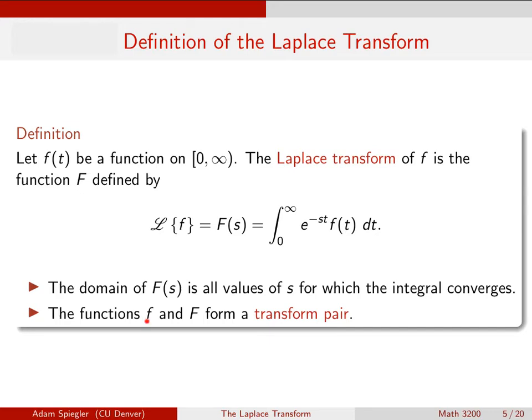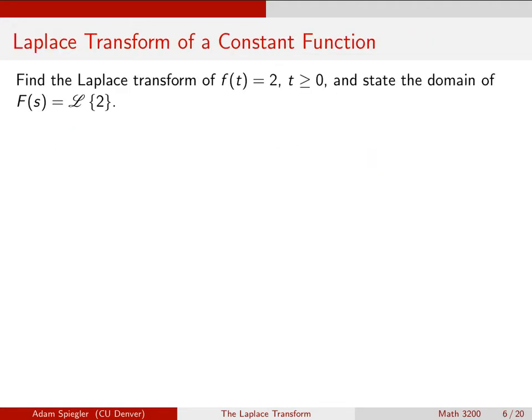And then we call these functions f and F a transform pair. Okay, so we call this the Laplace transform, and again, what it's defined as is the improper integral from 0 to infinity of e to the minus st times our function f. So that's the definition, and I want to walk through some examples in some separate videos.